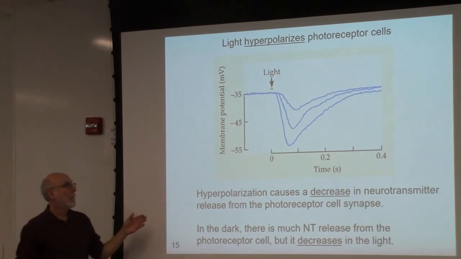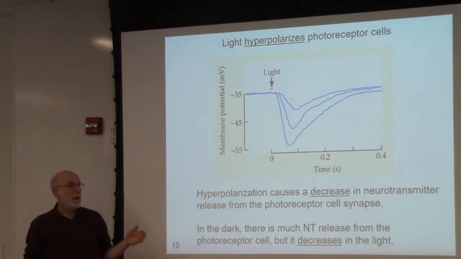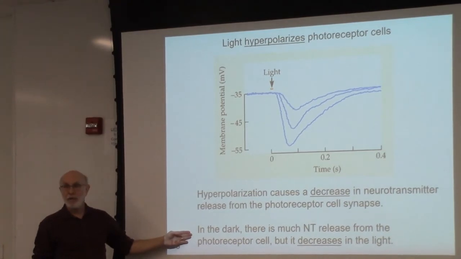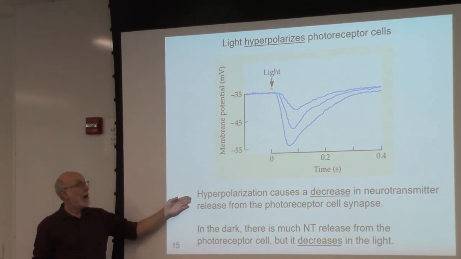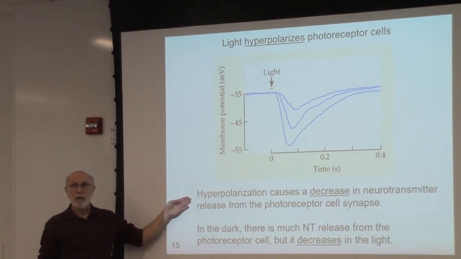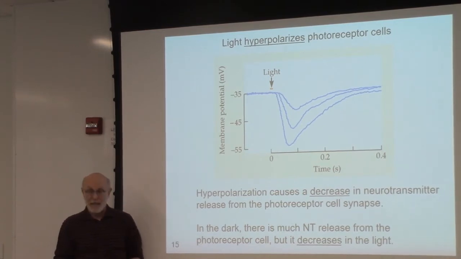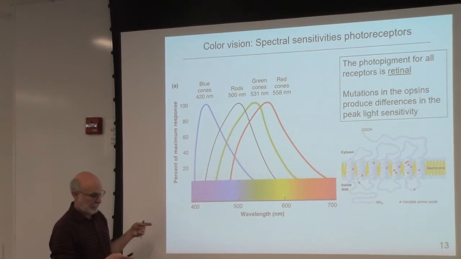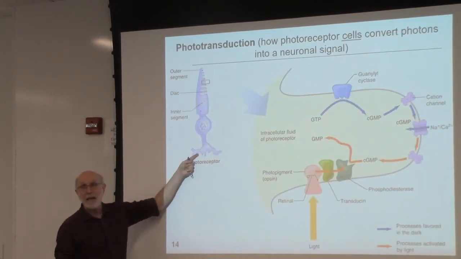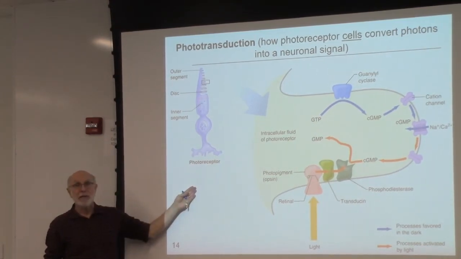So, just like in other cells, a depolarized membrane potential leads to neurotransmitter release, and a hyperpolarized membrane potential leads to less neurotransmitter release. And that's what's going to happen at this synapse. In the dark, we have a lot of neurotransmitter release.